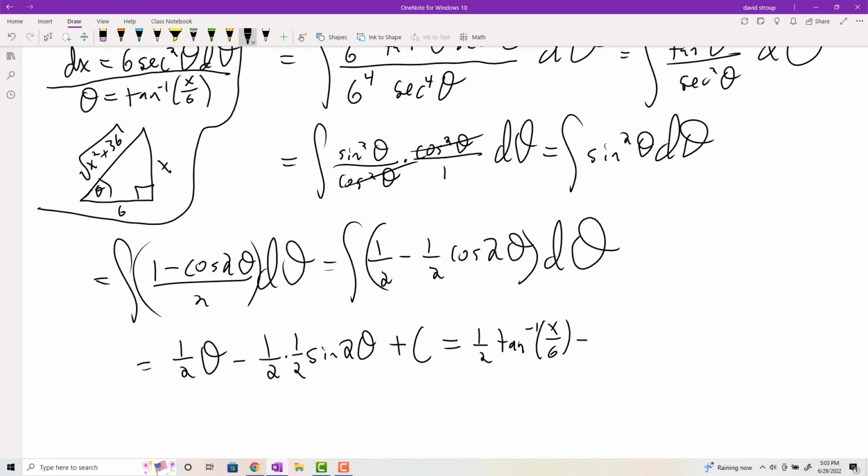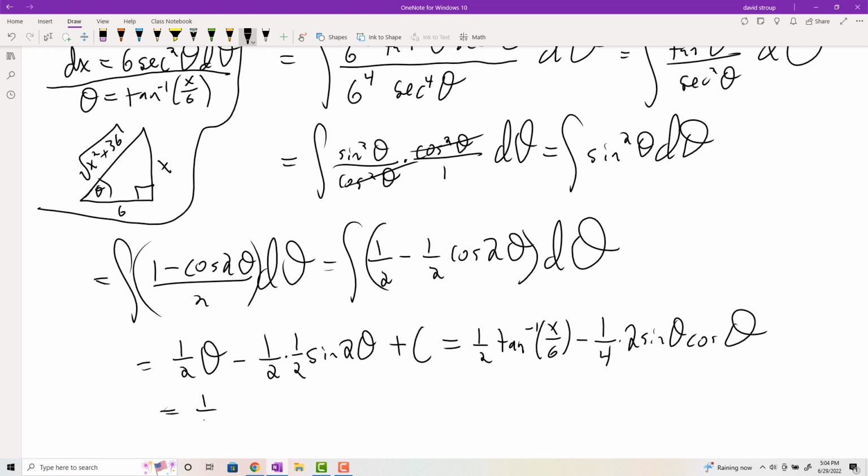The troublemaker is that sine 2 theta, and it's because we need the angle just to be theta, not 2 theta. So what you do is use the double angle formula. Sine of 2 theta is really 2 sine theta cosine theta.